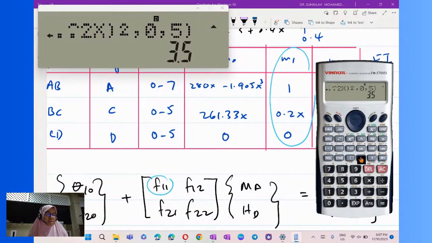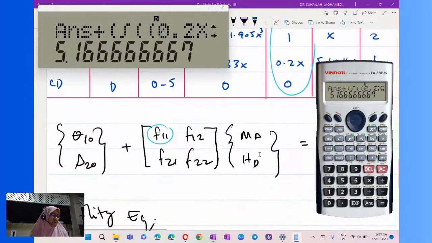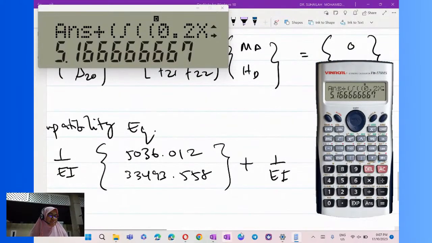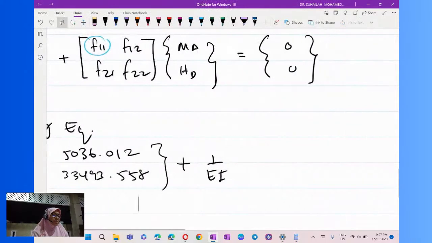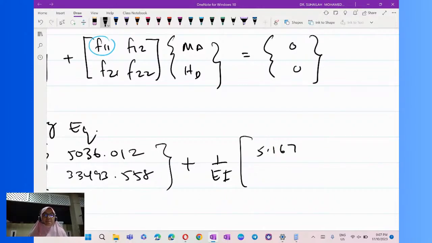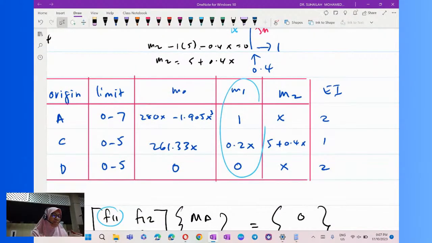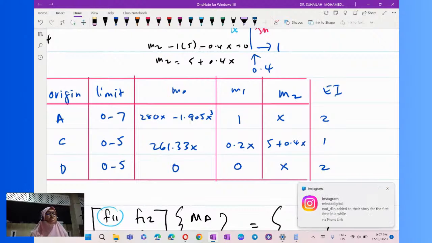Close another one. So we get 5.167. So this one is 5.167.